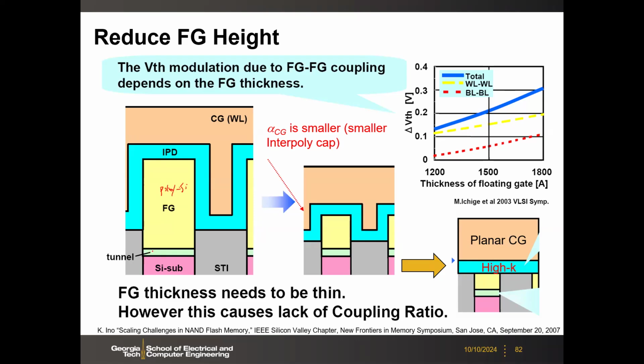So here we have the tunnel oxide, and then this IPD, interpoly dielectric, and we have a control gate, which is the word line, which is shared. So from this floating gate of one cell to another cell, you have those couplings.